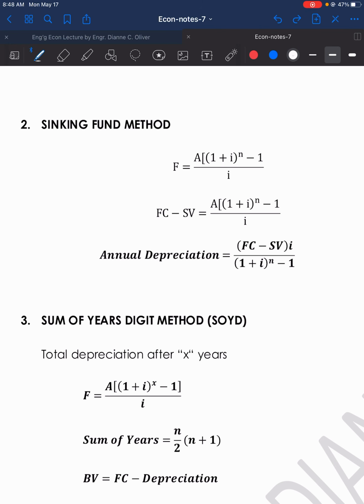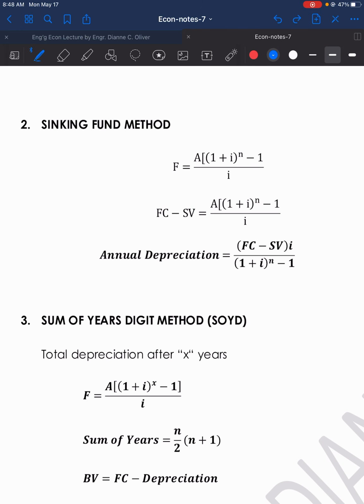Using the future worth formula, we have the annual worth multiplied with (1 plus i) raised to n minus 1, all over i. And then the future worth here will become the first cost minus the salvage value.